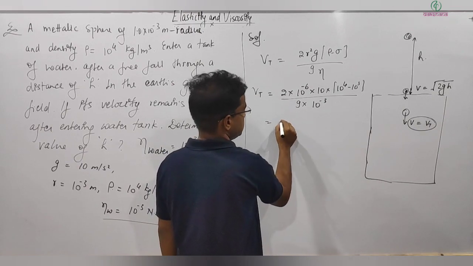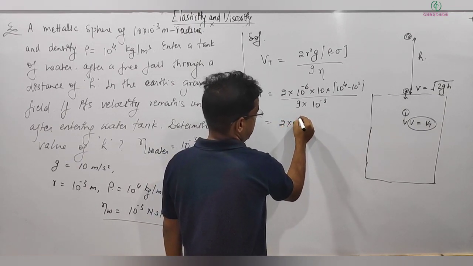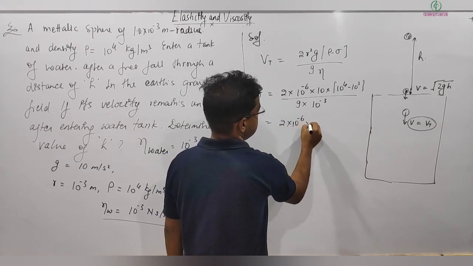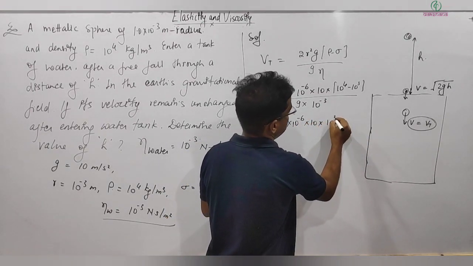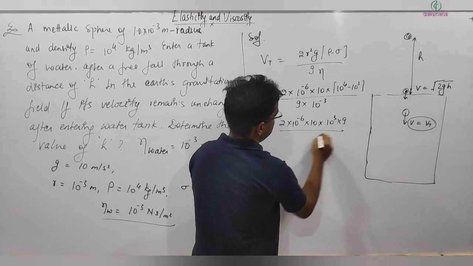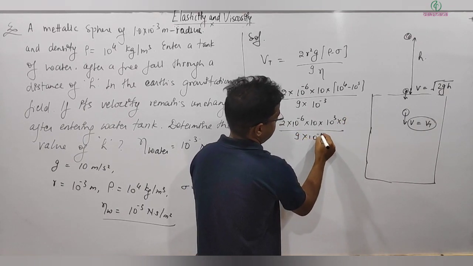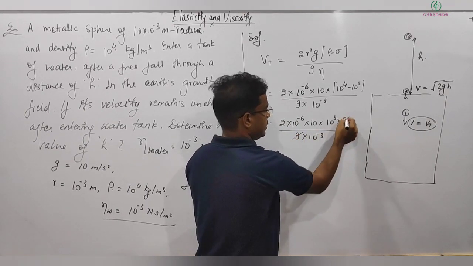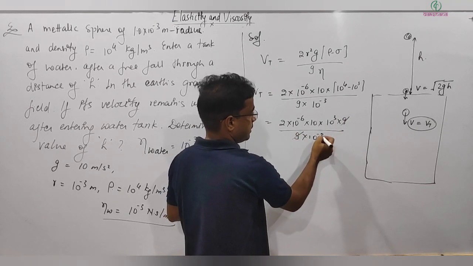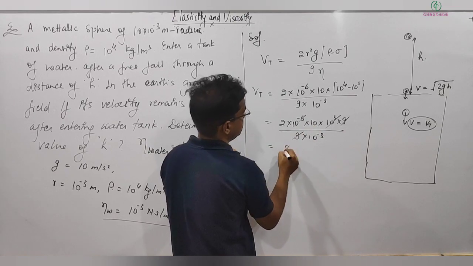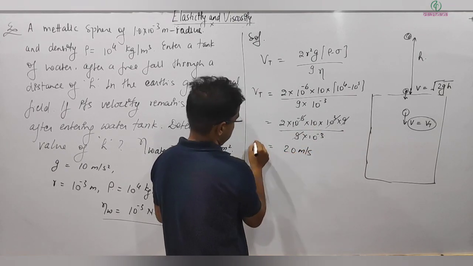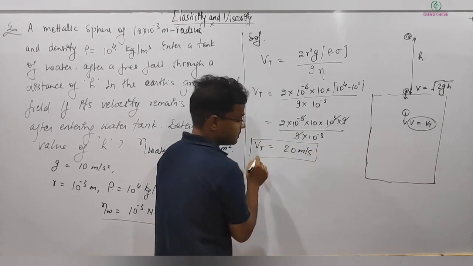We can simplify it: I can take 10 raised to power 3 out, so it will be 9 divided by 9 into 10 raised to power minus 3. The 9s cancel, and what is left is 10 raised to power 6. So it comes out to be simply 20 meter per second. That is the terminal speed.